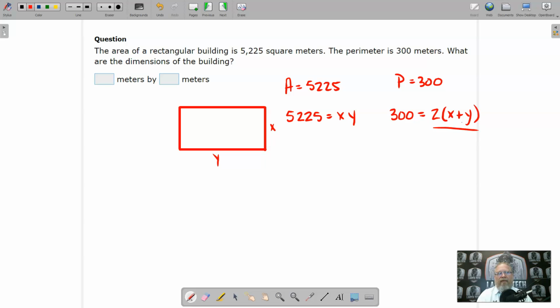Now let's divide both sides by 2, and the 2's will cancel. 300 divided by 2 is 150, which equals x plus y. So I'm looking for two numbers that when I add them together, I get 150, and when I multiply them together, I get 5,225.